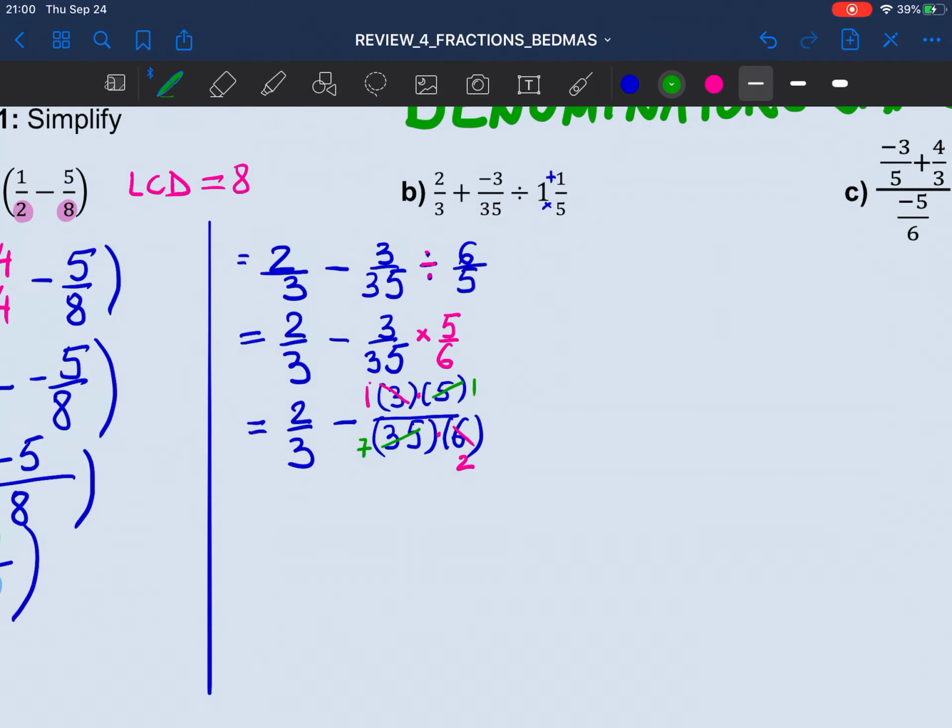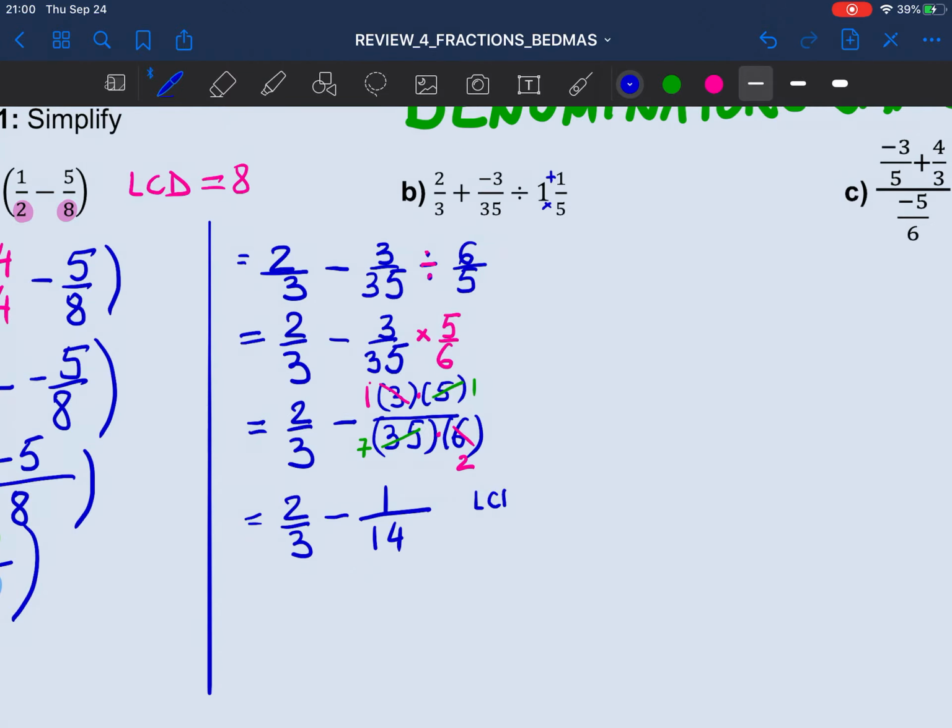And then we're left with 2 over 3, which was our first term, and then minus. Here we have 1 times 1, which is 1, divided by 7 times 2, which is 14. So we have 2/3 minus 1 over 14.